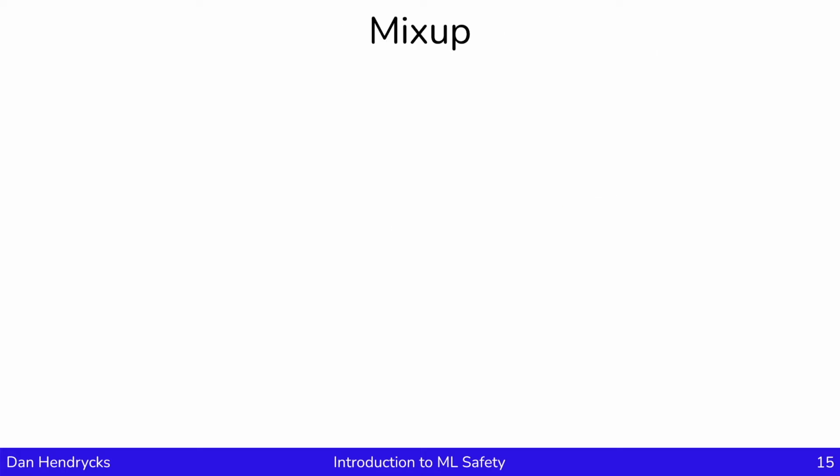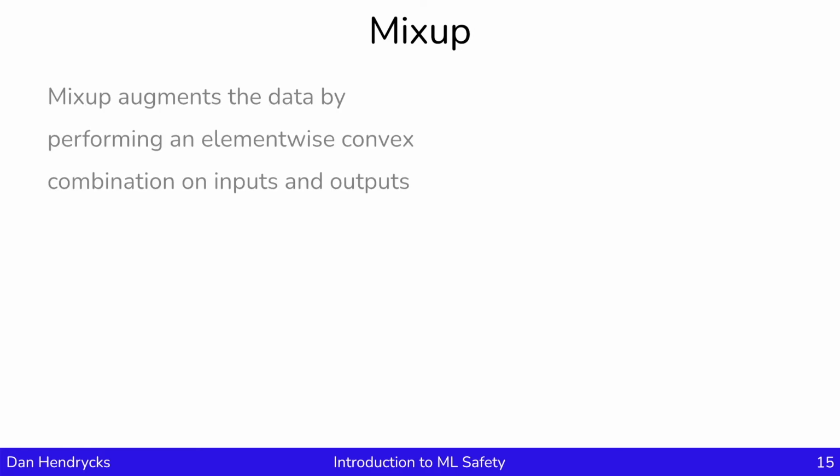Some data augmentation techniques can improve robustness. One example is Mixup. Mixup augments the data by performing an element-wise convex combination on the inputs and outputs. Recall that a convex combination is a sort of weighted average where the sum of the weights is 1 and each weight is non-negative.